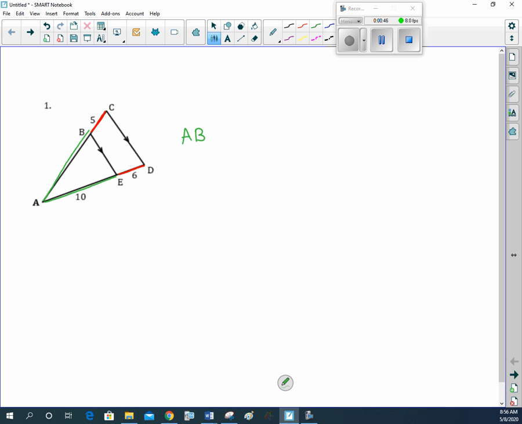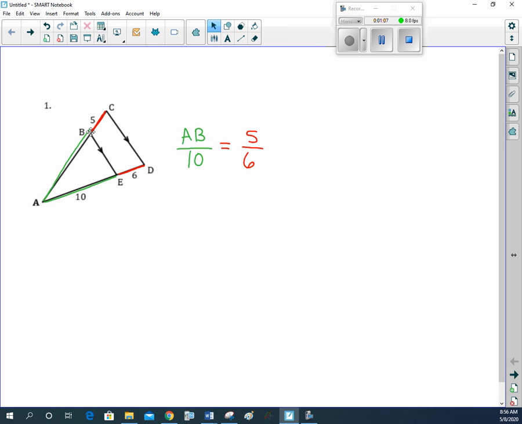So I could say AB over 10. And then because I started with AB on the left, I need to start with the corresponding other pieces, the red pieces. So I need to start with the left. So I would say 5 over 6. Okay, so that's one way to think of it.